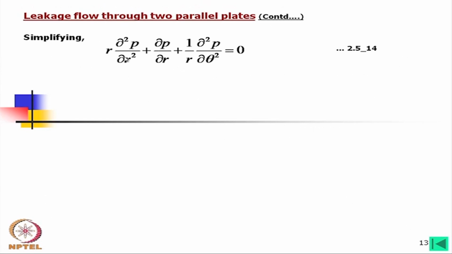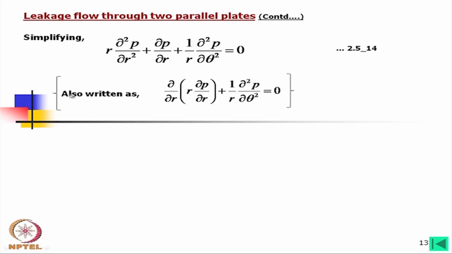So, this means that r del square p by del r square plus del p by del r plus 1 by r del square p by del theta square is equal to 0, which also can be written as del by del r of r dp by dr plus 1 by r del square p by del theta square is equal to 0.